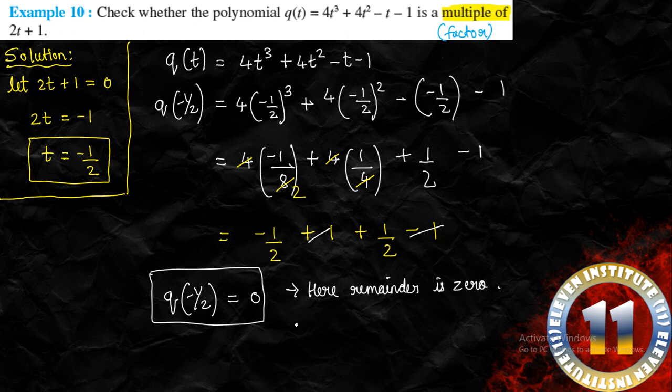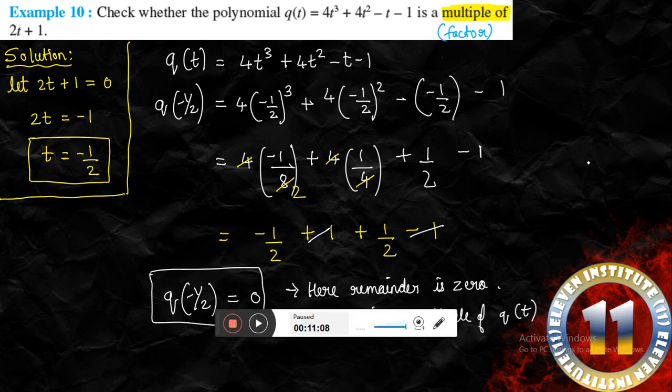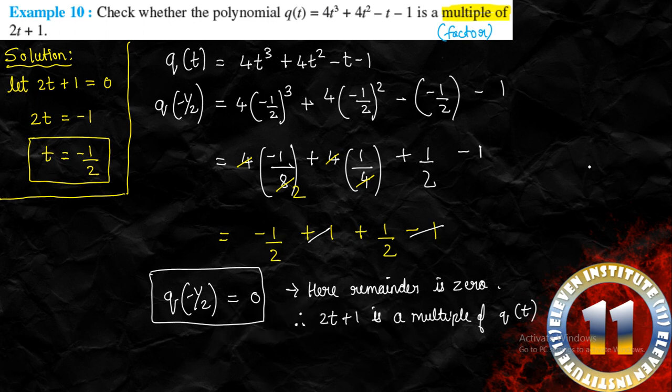Therefore 2t plus 1 is a multiple of given polynomial. I hope this is clear to you. Please pause the video and write this down in your CW. Right? I hope you have written this.